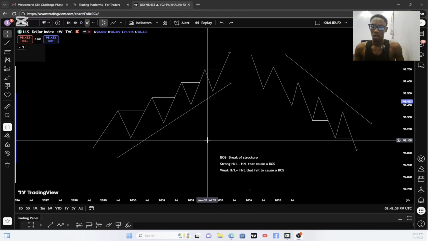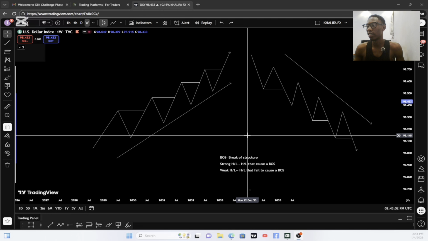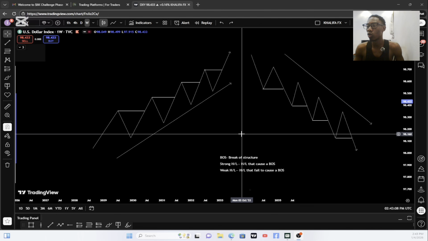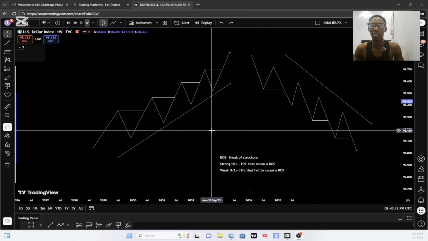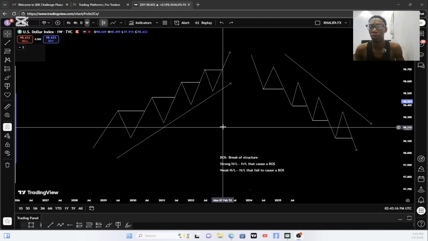Now, what we are going to talk about now is the concept of strong highs and weak lows. And the concept of strong highs and weak lows is very simple, right? The way we trade, we say that a low's job is to take out a high, and a high's job is to take out a low, right?